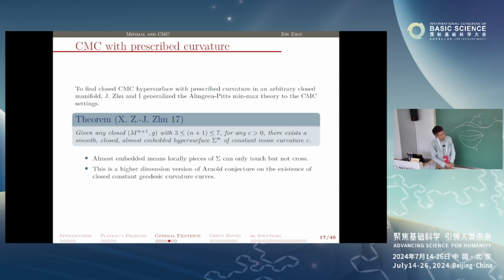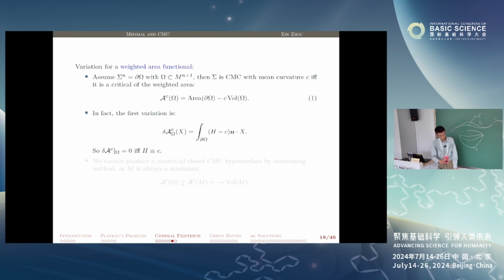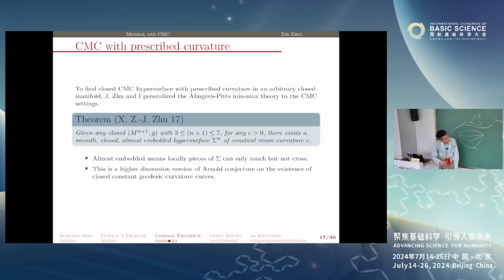Another interesting remark related to the theorem is that we can regard this as a higher dimensional version of one of Arnold's conjectures on the existence of closed curves of constant geodesic curvature. Arnold, from a dynamical systems or symplectic geometry point of view, was interested in the movement of an electric particle inside a magnetic field. The magnetic field can be written as some number c times the metric tensor.